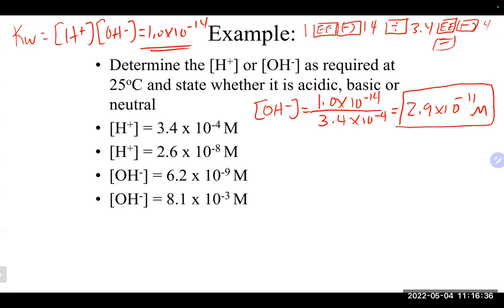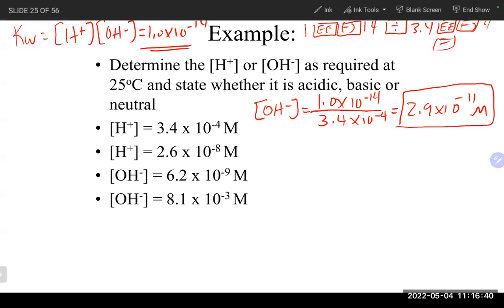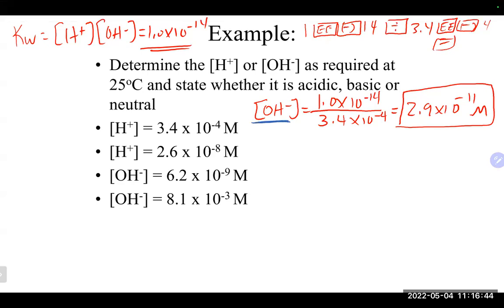Is this solution acidic, basic, or neutral? What we want to do is compare the H plus concentration to the OH minus concentration. Which one is larger? The H plus concentration at 10 to the minus 4 is a larger number than 10 to the minus 11.